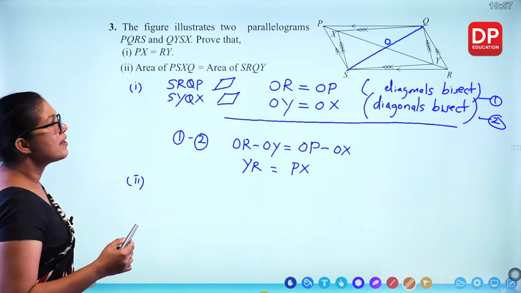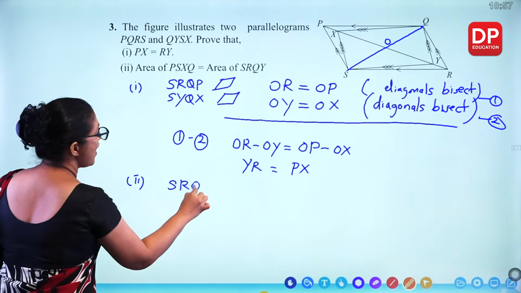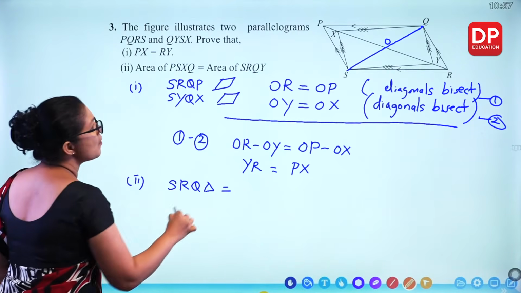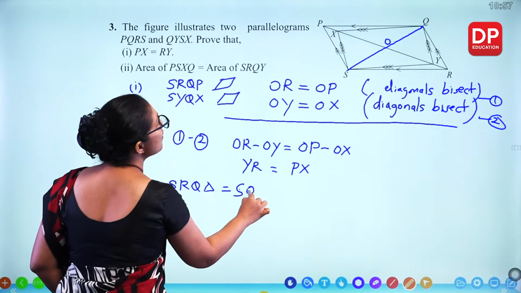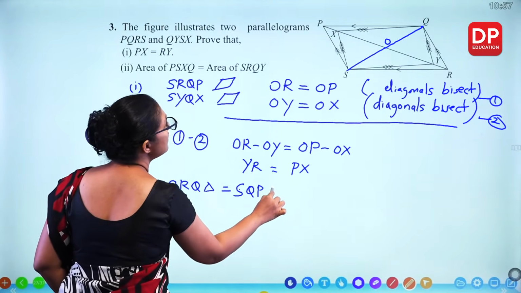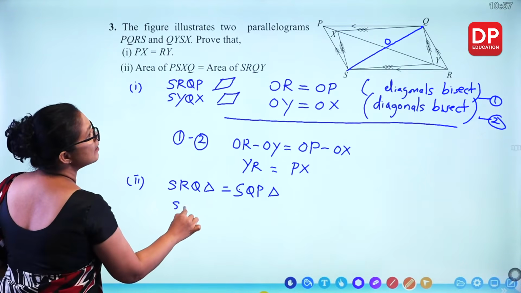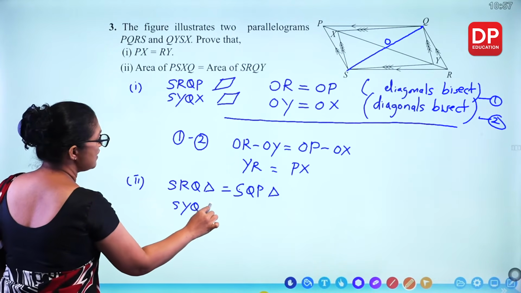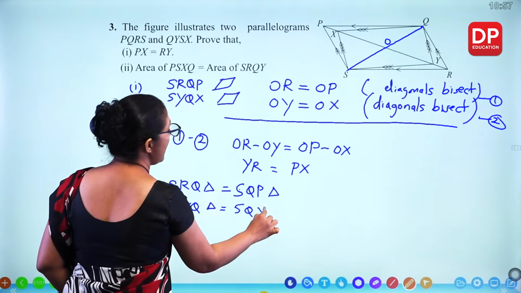First I'll take the bigger one. SRQ triangle is equal to SQP triangle, as well as SYQ triangle is equal to SQX triangle.